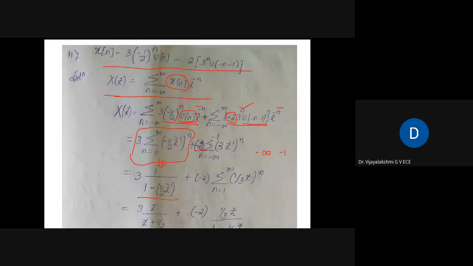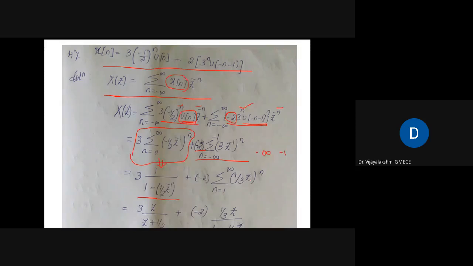As I told, this negative sign, if I remove it from this index and put it to minus n, this becomes n varying from 1 to infinity. Wherever 3 is there, it has become 3 power minus 1, which is nothing but 1 by 3, and z power minus 1 has become z.